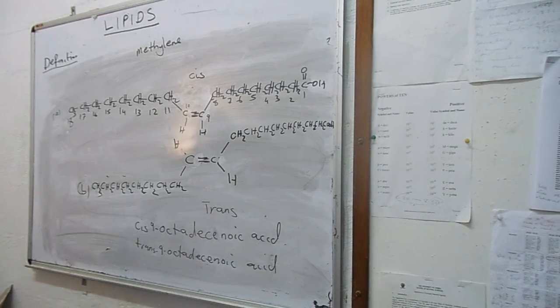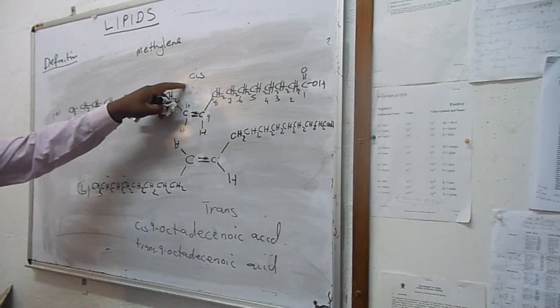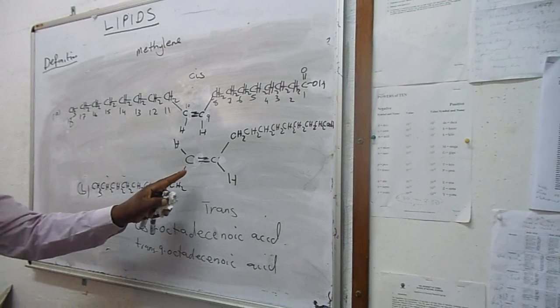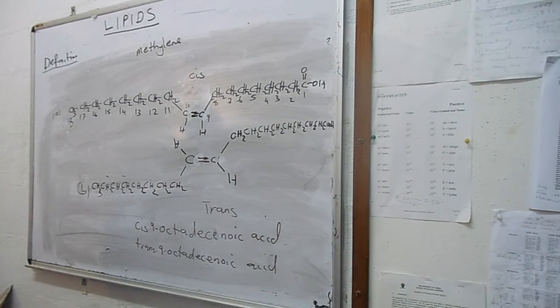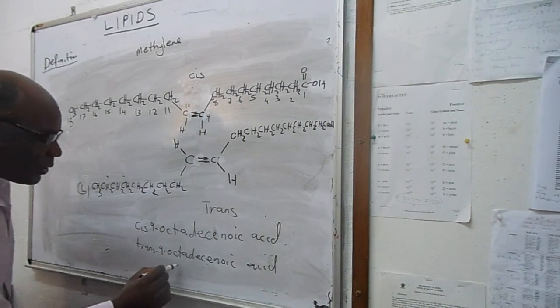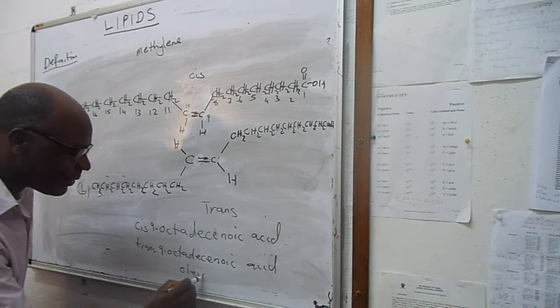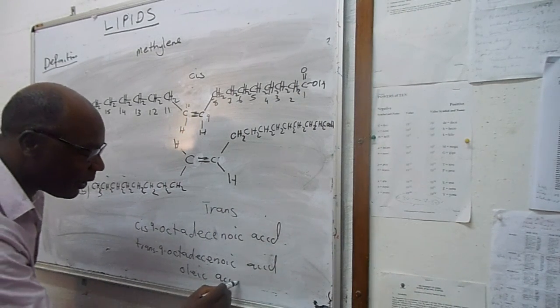Remember, we are looking at features of fatty acids. The double bond is usually in the cis configuration and not in the trans configuration. This is one example. This is called oleic acid.